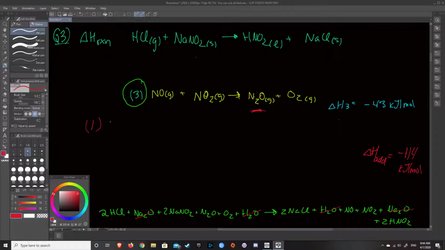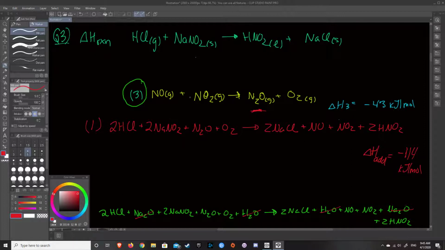A new equation 1 is going to be 2HCl plus 2NaNO2 plus N2O plus O2 reacts to form 2NaCl plus NO plus NO2 plus 2HNO2. And the delta H for this reaction is negative 114 kilojoules per mole.